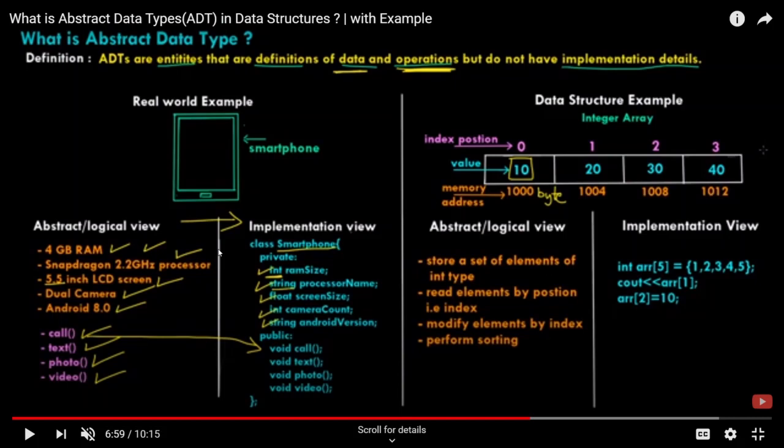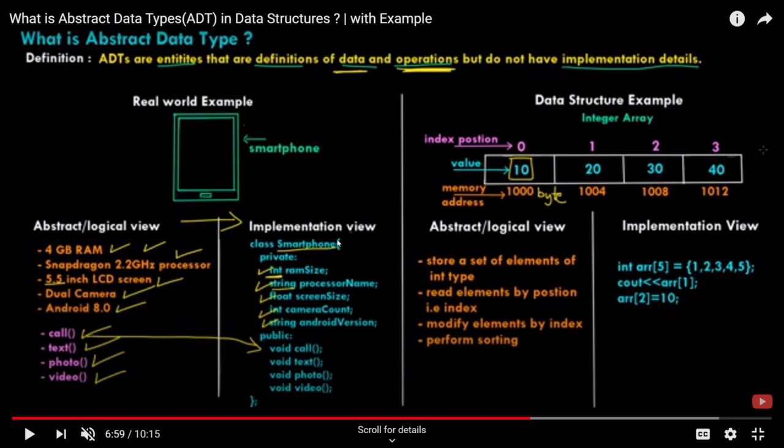So how to read an element by its position. Modify elements by index. So if you want to make any changes, you can make the changes by its index value. Perform sorting. If you want to sort it, sorting means arranging the values in some order.